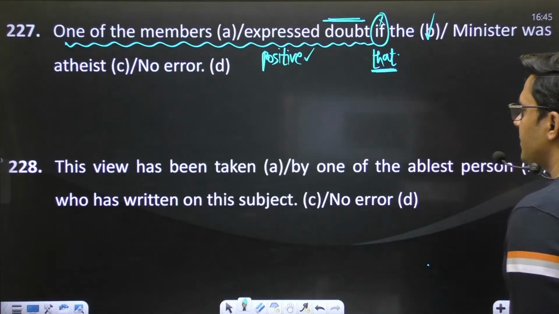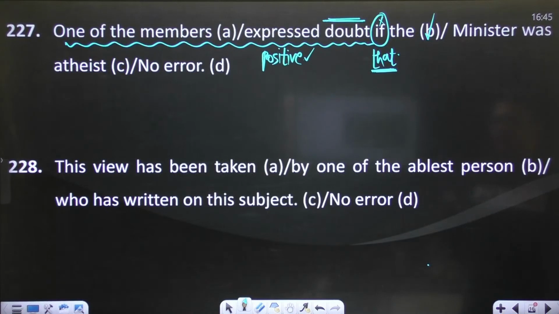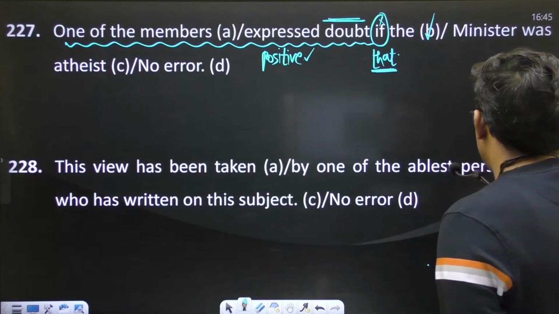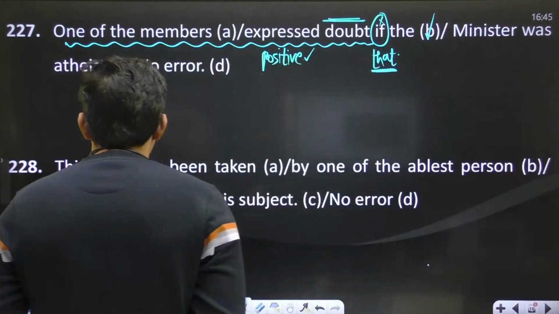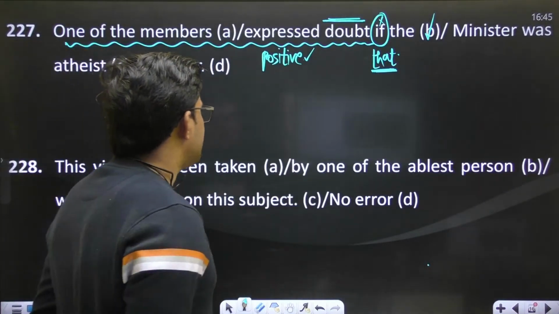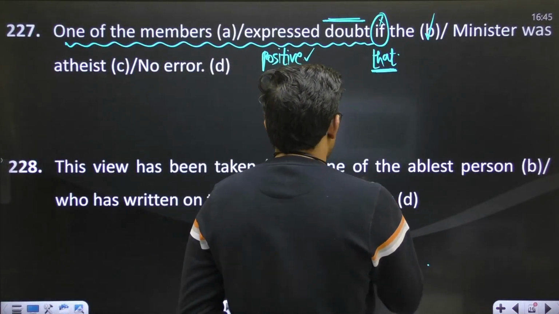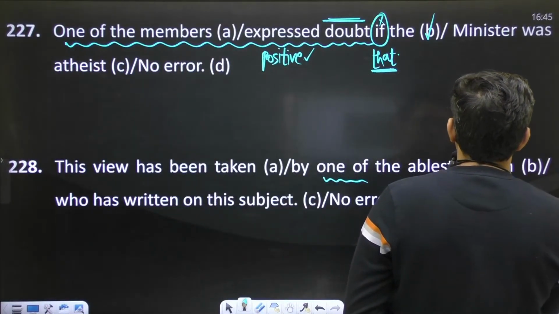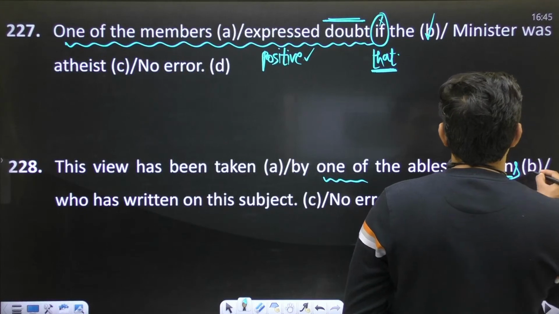The view has been taken by one of the ablest persons who has written on this subject. What do you think of this sentence? This word one of is followed by a plural noun, so the plural noun will be persons.